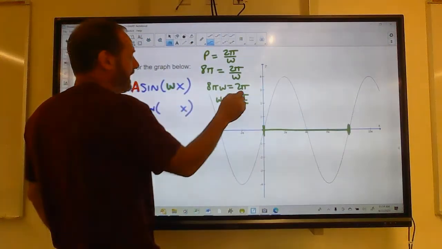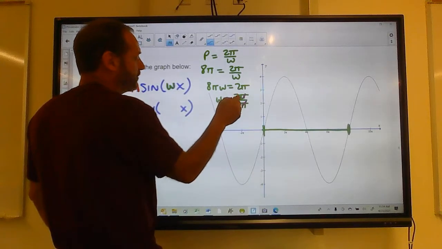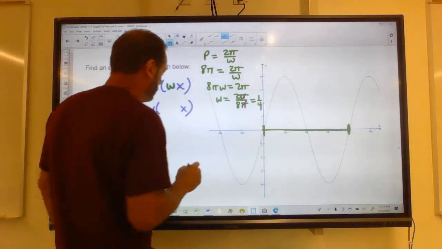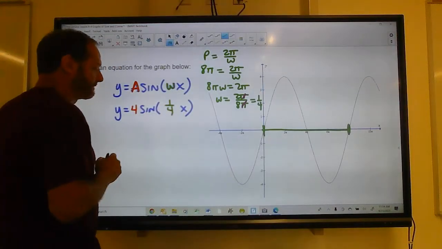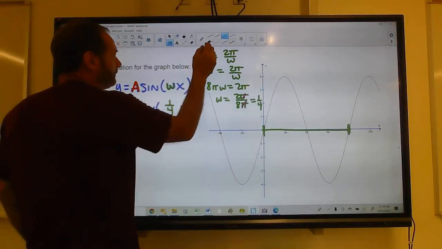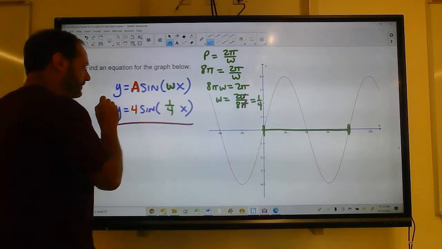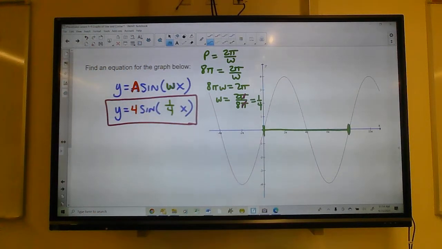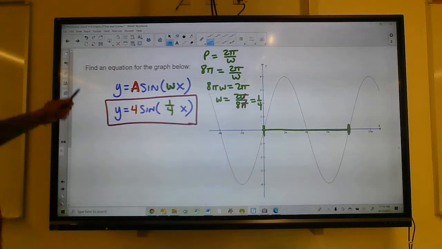And then the pi's are going to cancel, and 2 divided by 8 is 1/4, so this is going to be 1/4. There we go. The equation of that is going to be 4 sine 1/4 x. Or you can put a theta there instead of an x. And we're done.